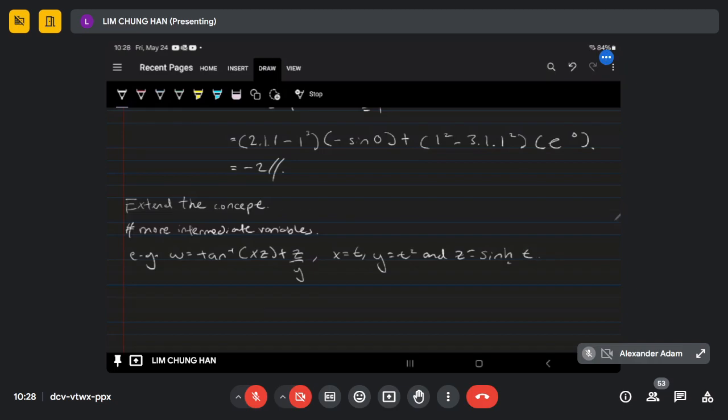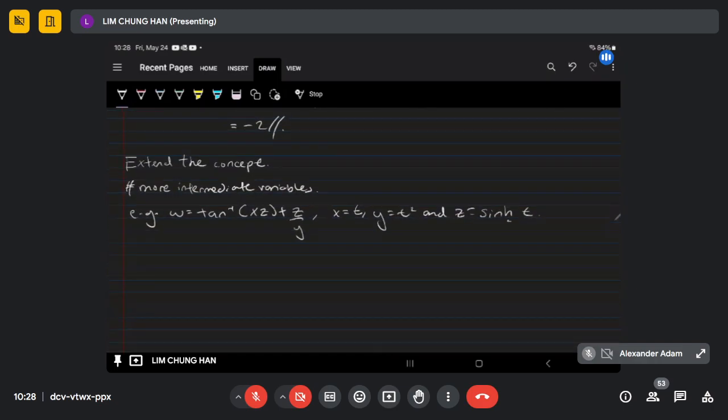So again, chain rule. The first thing, always identify all the variables.